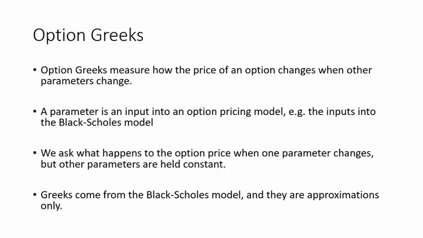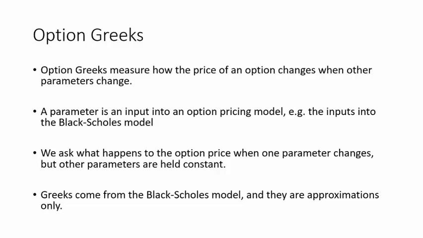What it means is that when we say the option will increase by 1% when the stock price changes, we're assuming that nothing else is changing at the same time. Anytime we're looking at these Greeks, we're only changing one parameter at a time.